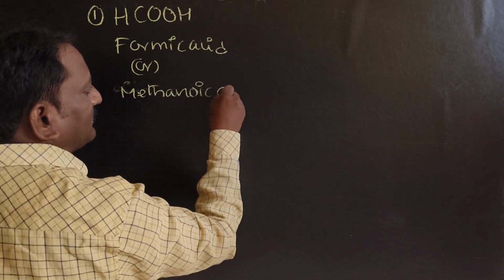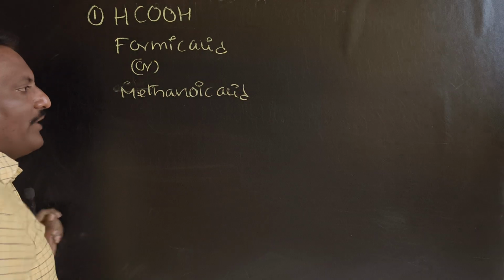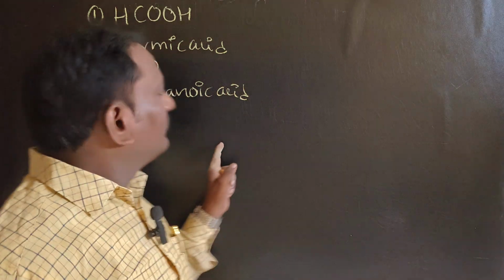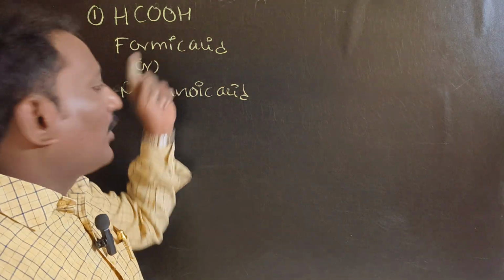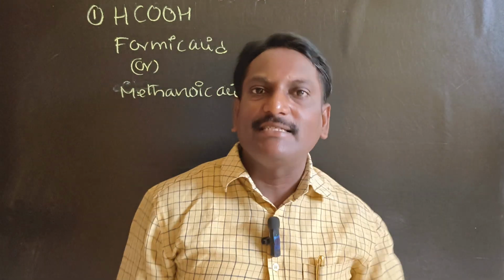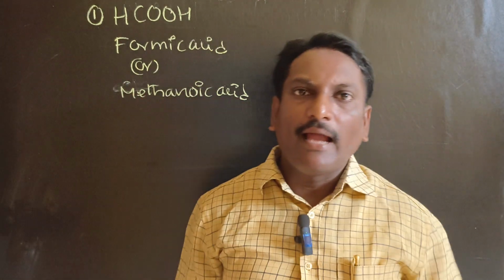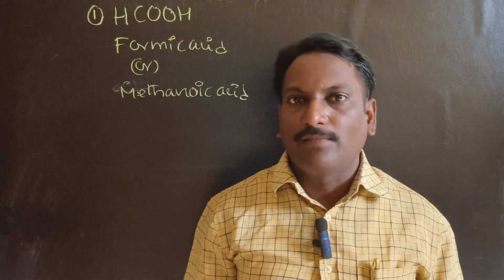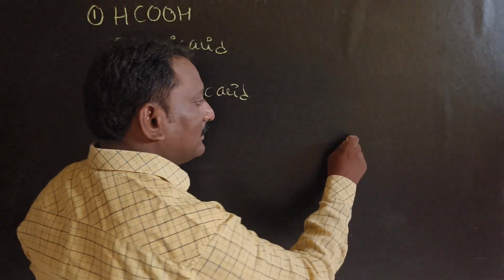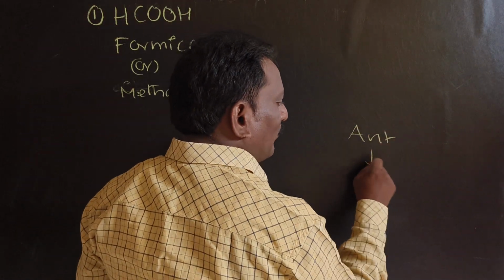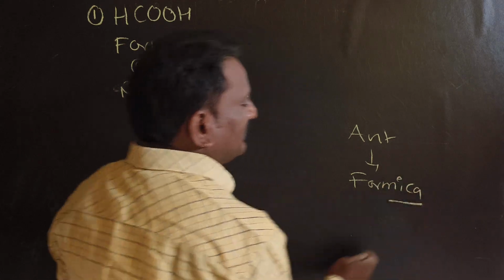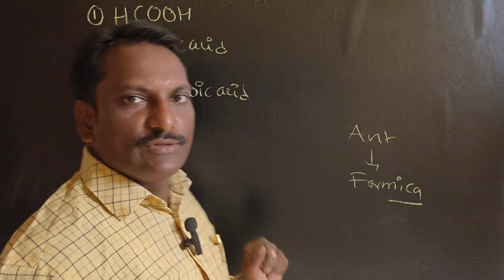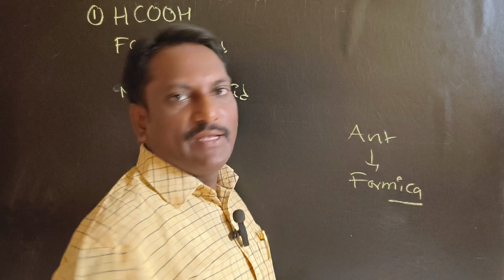Methanoic acid is the IUPAC name, but formic acid is the common name because formic acid is present in ant sting, in Latin formica. So this acid is present in ant sting, and that is why it is called formic acid.